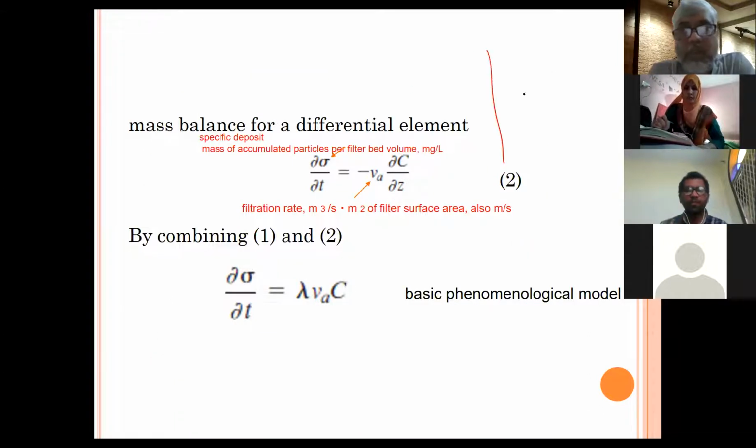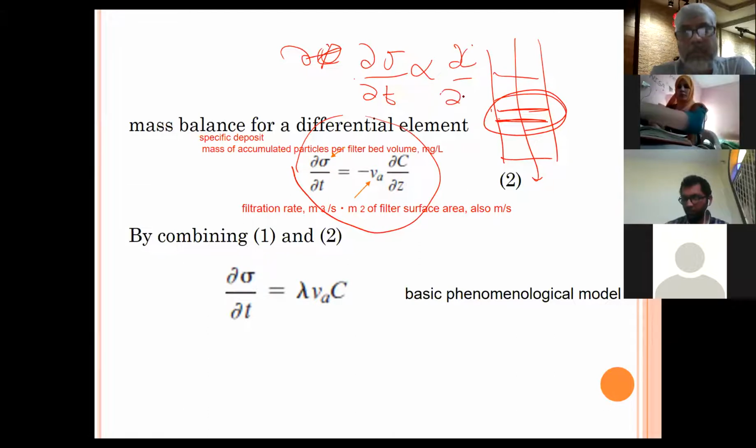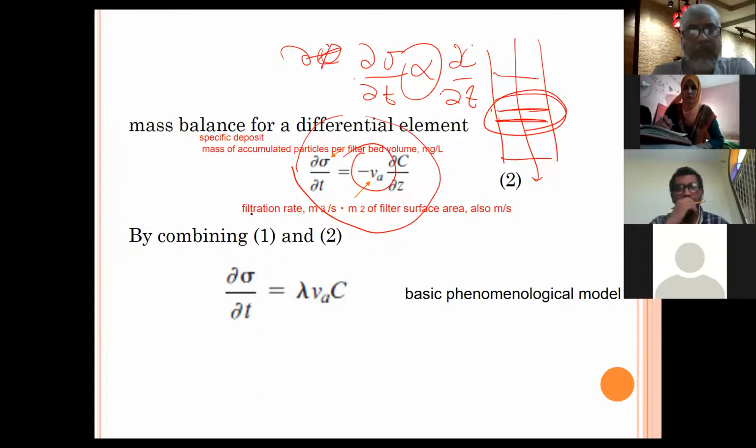If we have a filter and look at a small unit and make a mass balance over this unit, we can write this equation. Here, this is the change in mass accumulated per filter bed volume. So this is the change in mass with time, which is directly proportional to the change in concentration with depth. When we remove the proportionality, we can write the filtration rate here.